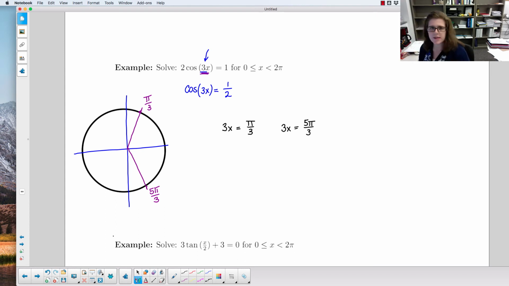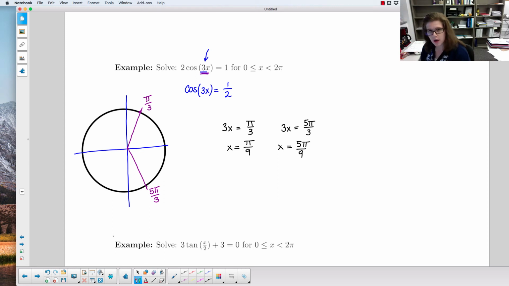Now our goal is always to solve for x itself, so I have to go through and divide both sides by 3 in order to figure out what x is equal to. In this case, x is equal to pi over 9, and x is equal to 5 pi over 9.